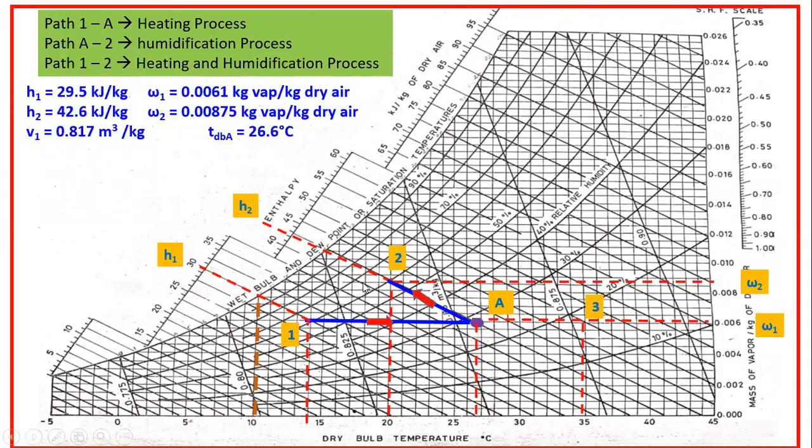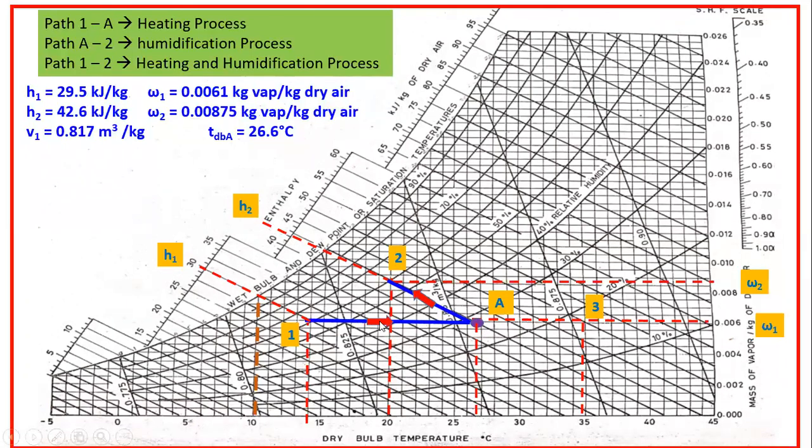So mark the points 1 and 2. The next thing is we need to have the adiabatic humidification. So how to find the adiabatic humidification? Draw the constant enthalpy line in the reverse direction till it intersects the sensible heating line from 1.